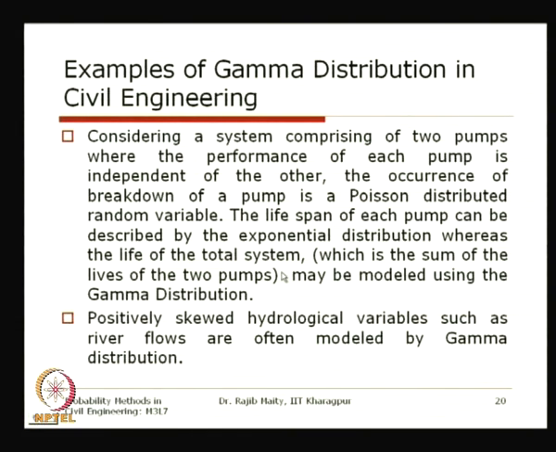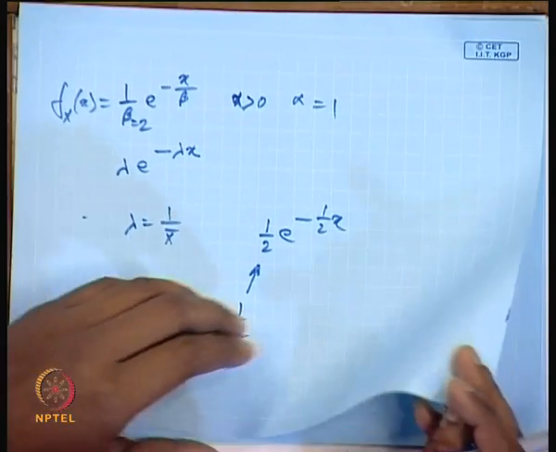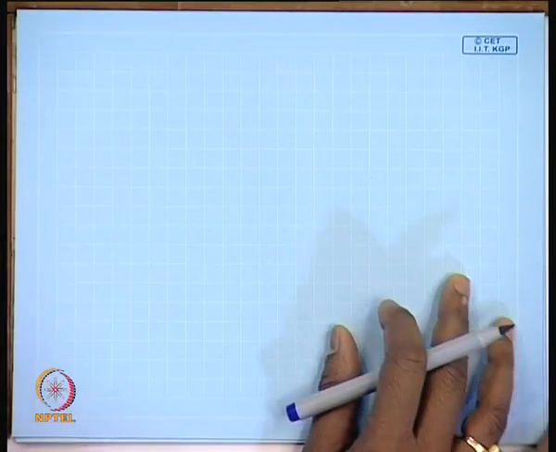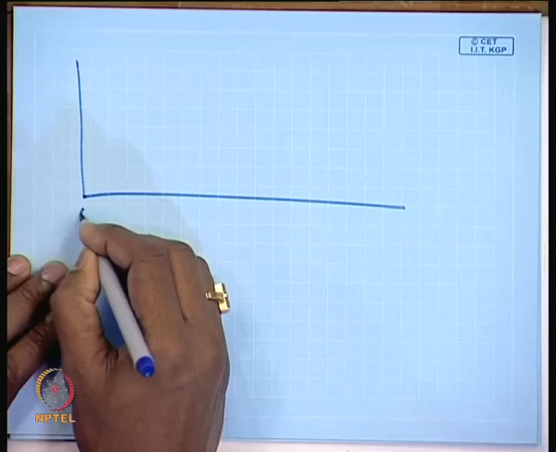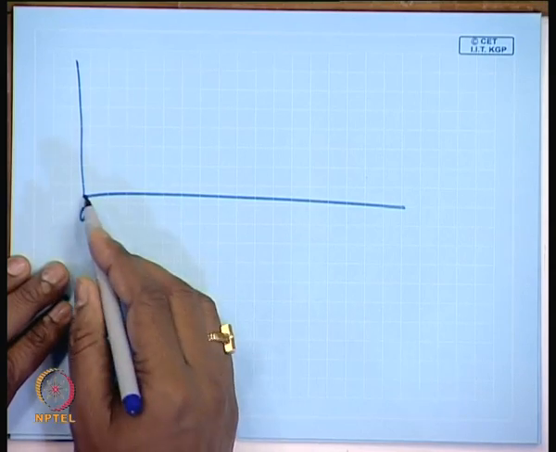Okay, this is one example, and particularly in hydrological applications, river flows have generally been seen to be well described by the gamma distribution, in the sense that just by controlling the parameters, a wide range of shapes can be captured. For river flow, we know that the minimum flow is 0, so it is always bounded by 0.